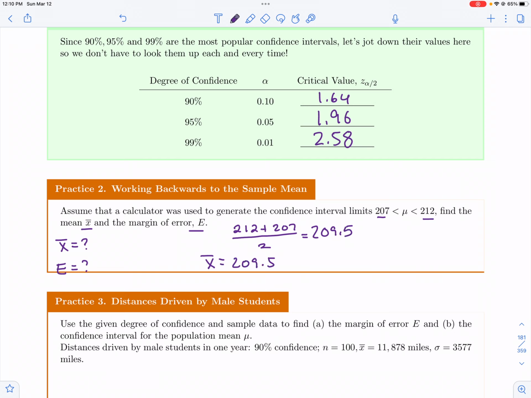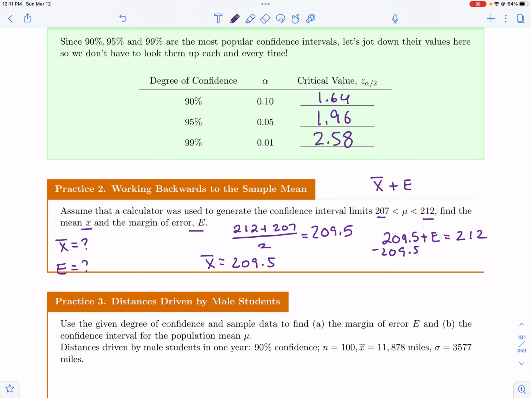Now if I wanted to find my margin of error, remember my margin of error is the sample mean plus E on the upper side, the sample mean minus E on the lower side. So if I set this up as a little equation, I've got 209.5 plus E has to equal my 212.